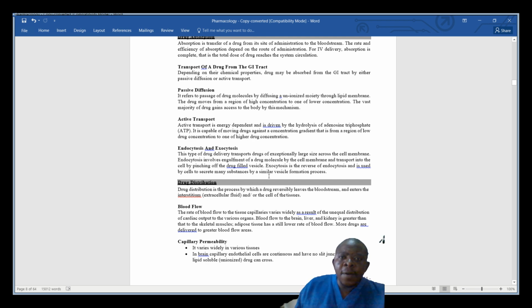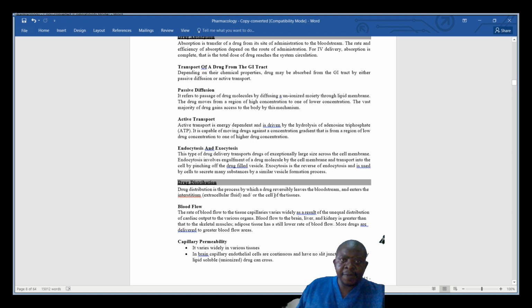Now, when you talk of exocytosis, this is the reverse of endocytosis, and it is used by cells to secrete many substances by a similar vesicle formation process, so that the drug can be used.